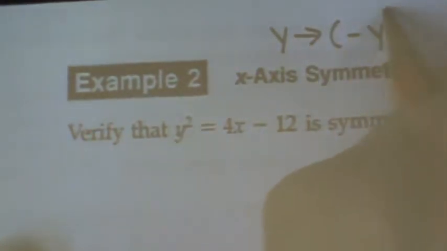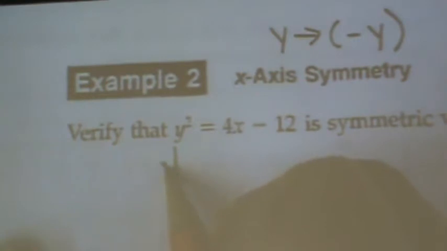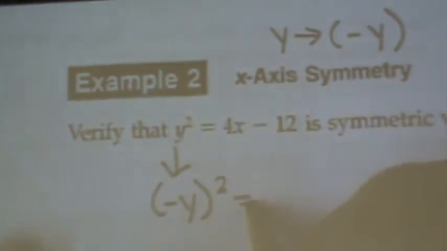So let's do one. Let's do this example, example 2. So algebraically, for x-axis symmetry, you're going to take all of your y values and you're going to put in negative y. So right here is a y value. You're going to write negative y squared equals 4x minus 12.